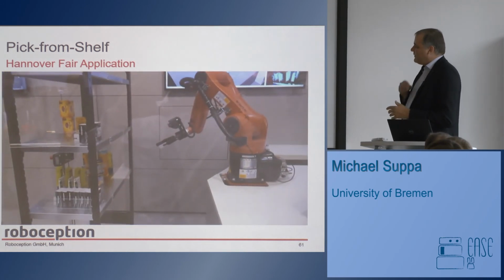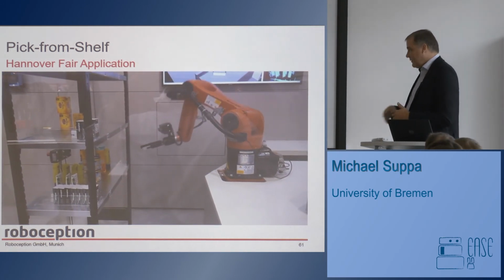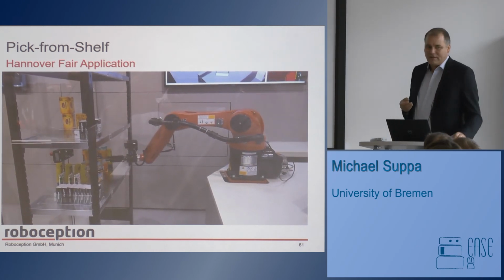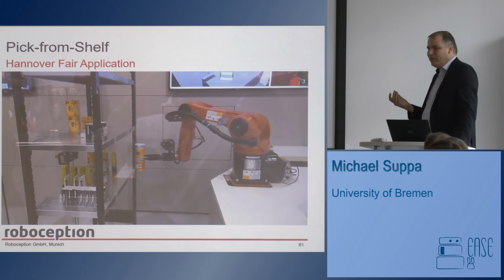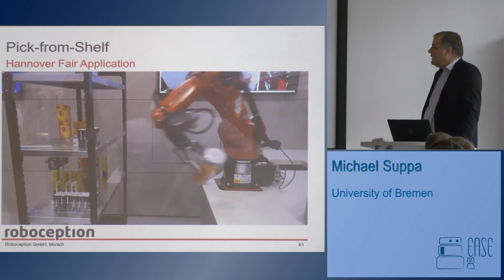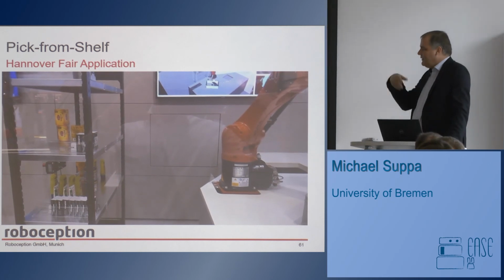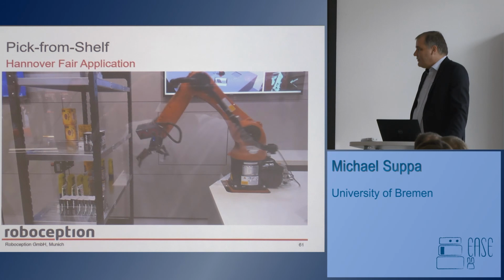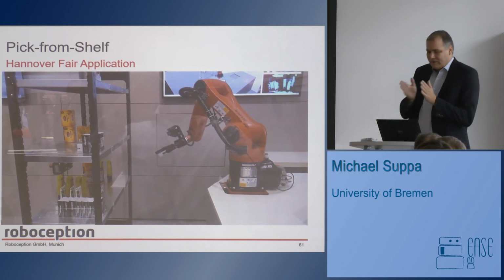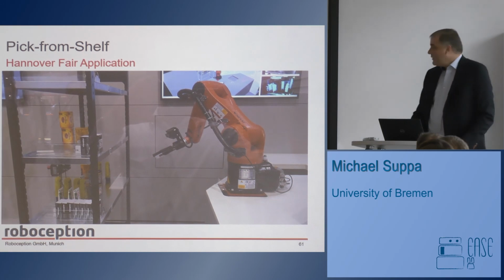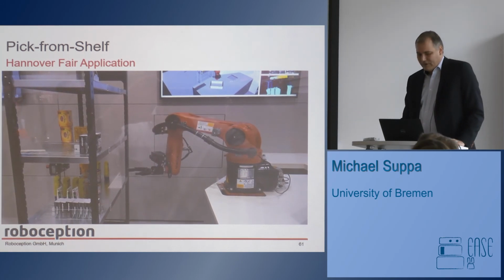The robot is doing one scan in the beginning, you haven't seen that, and then basically checking after each object is taken out if something else moved in the shelf. In the back you can see the world model, and you can also see that independently of how the object is placed in the shelf, it is able to take it out. The only constraint is there must be enough space left and right of the object, because that's necessary to do this in the end.